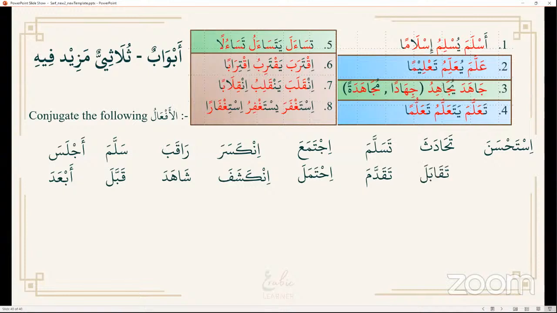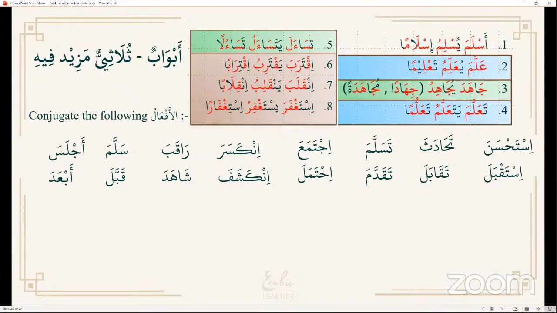Good. Taqabala. Which family? Yes. Taqabala, yataqabalu, taqabulan.